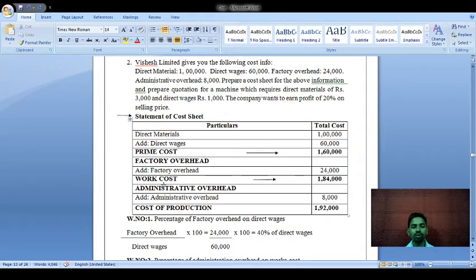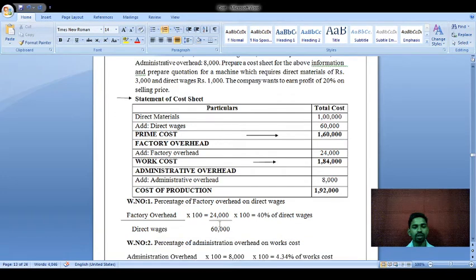Don't take the work cost or the factory cost; take the factory overheads, which is 24,000, divided by direct wages, rupees 60,000, multiplied by 100, which equals 40% of direct wages. It means that while preparing the tender price we have to take 40% as factory overheads on the direct wages.